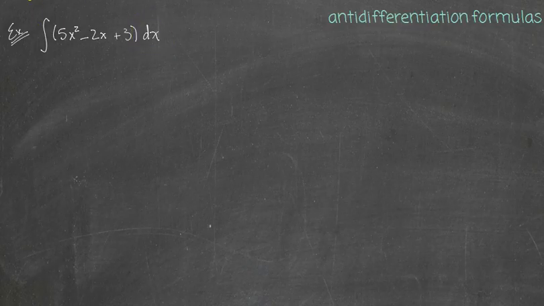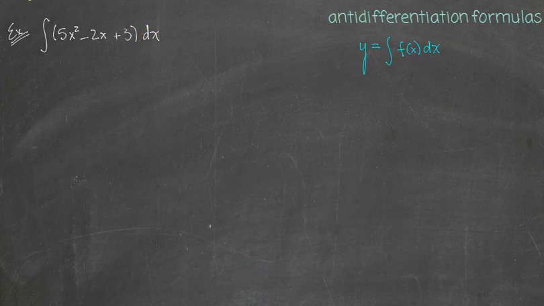Remember, a differential equation looks like y equals the integral of some function of x differentiated on the variable x. That's what the dx means. And so that's what I have here.